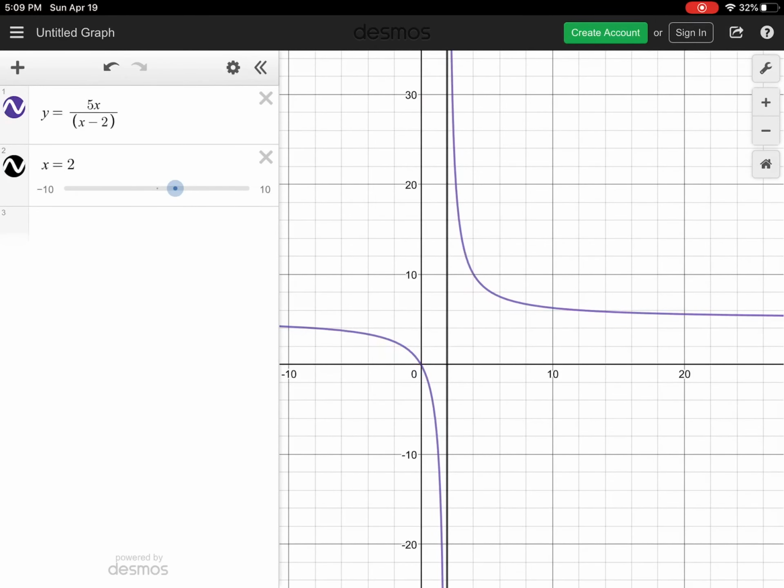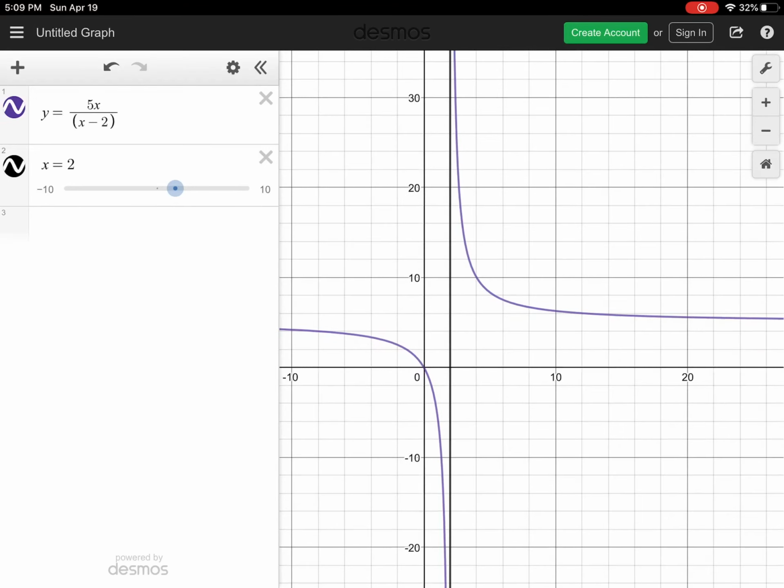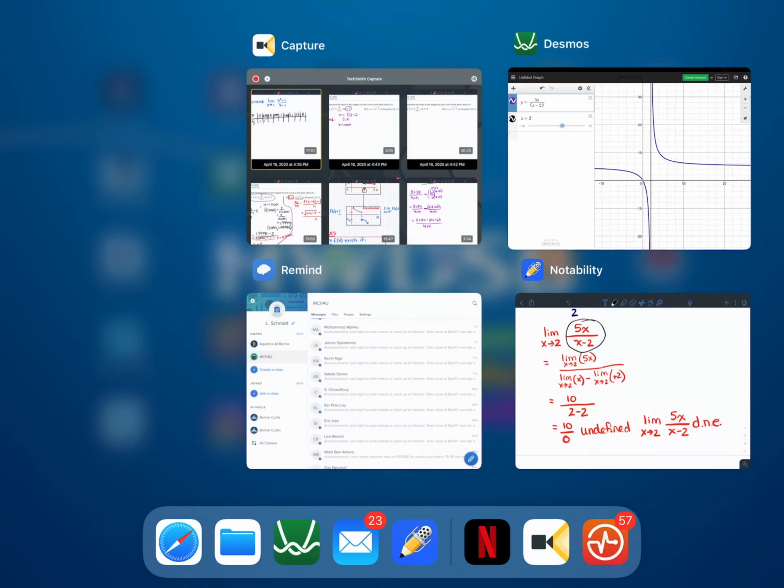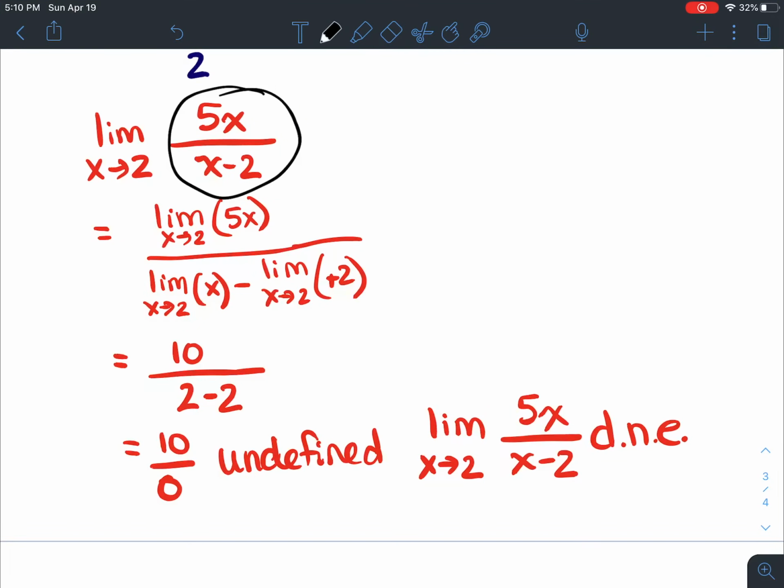So that limit can't exist, because as you're approaching 2 from the left, you're getting closer and closer to negative infinity. And over here, you're getting closer and closer to positive infinity. So the left and the right hand limits are not the same. Therefore, the limit can't exist.